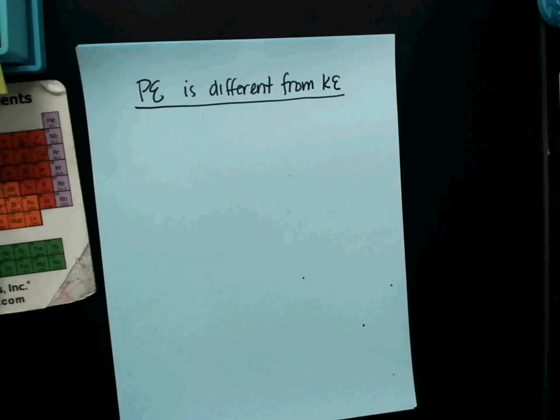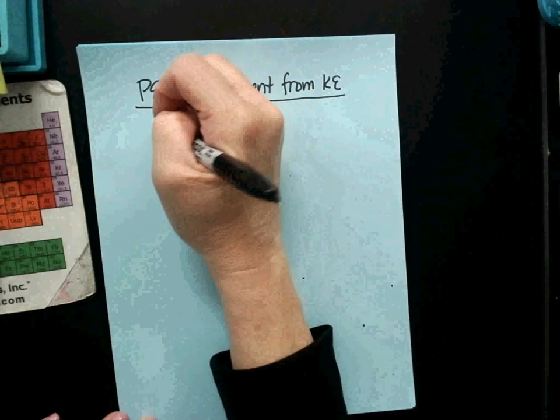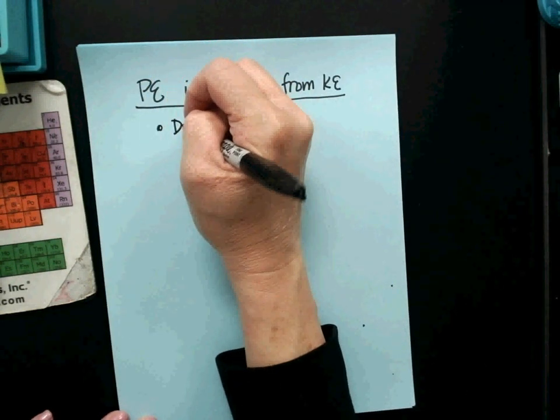PE is different from KE. Flip back after you write that in your notes and see, what did we say that KE depends on? Properties of what? Yeah, the mass and velocity of the object, the properties of the object.